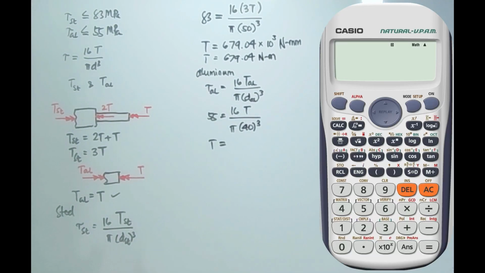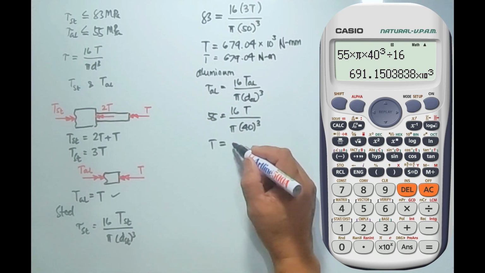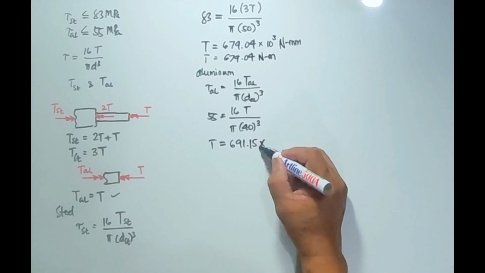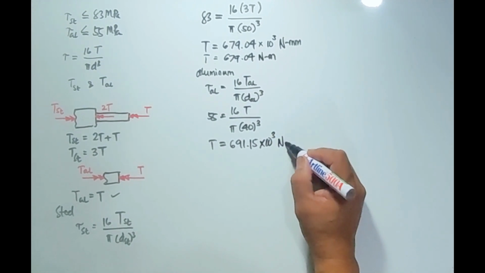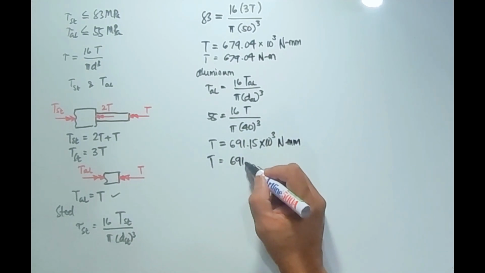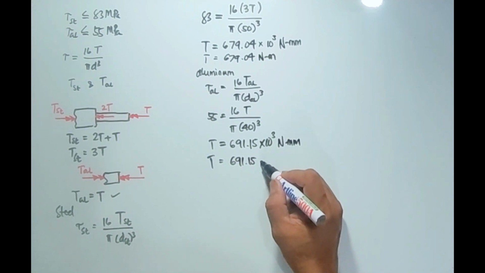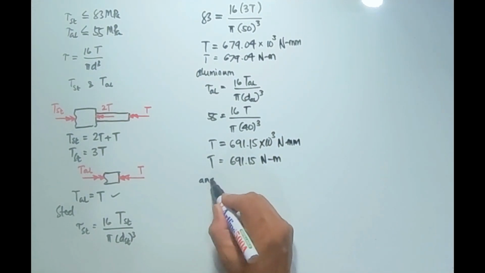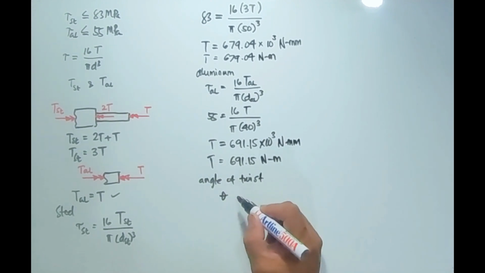Our T is 55 times pi times 40 cubed divided by 16 equals 691.15 times 10 to the power of 3 Newton millimeter, or that's 691.15 Newton meter.